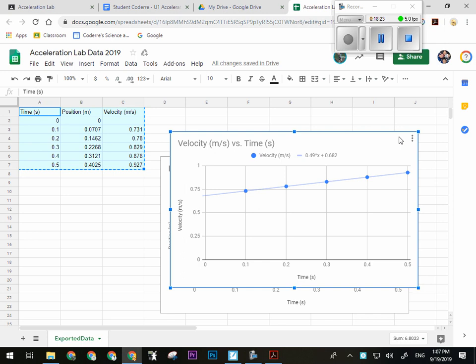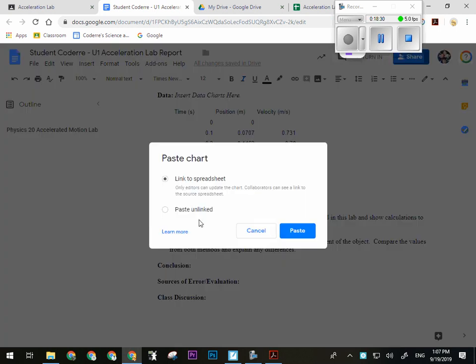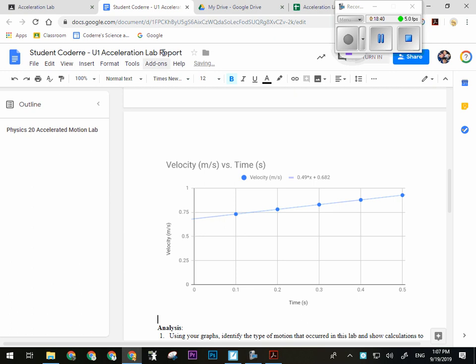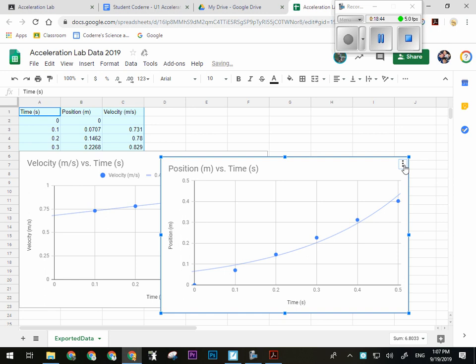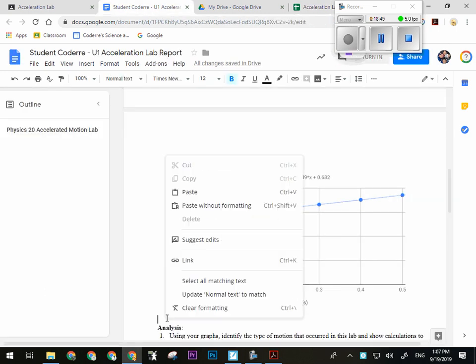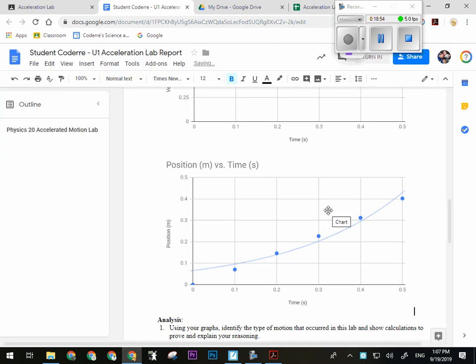Same deal. Copy the charts, go back to the lab reports, and paste it in there. Then same thing for the other ones. Go back and put them both in there. Then you've got your chart as well as your graphs where you need them to be.